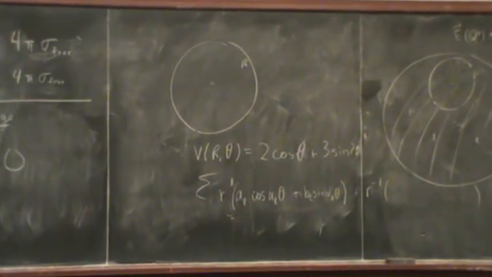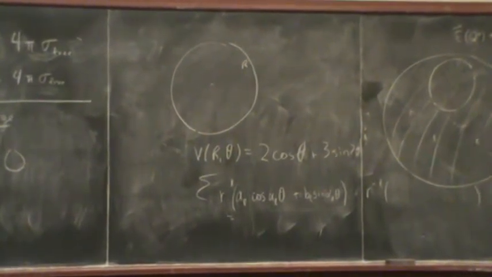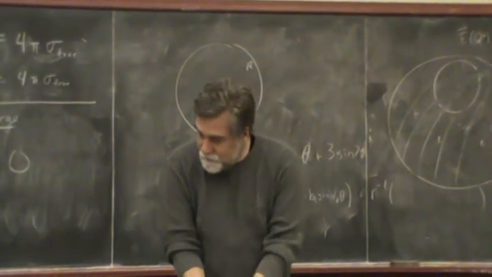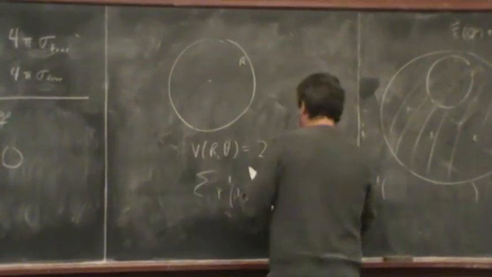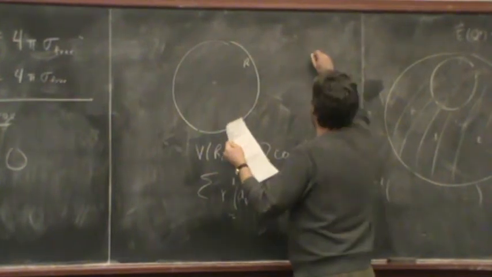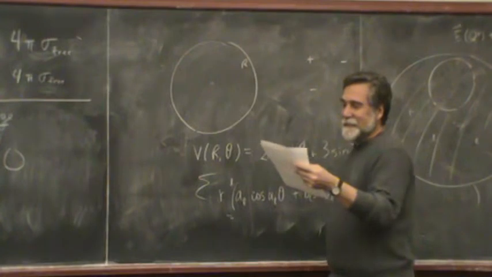But the first multiple choice question on the previous examination was this. 4 charges are arranged on the corners of a square, like so.